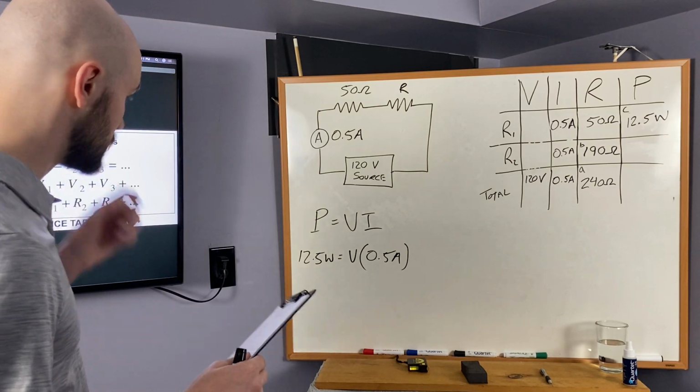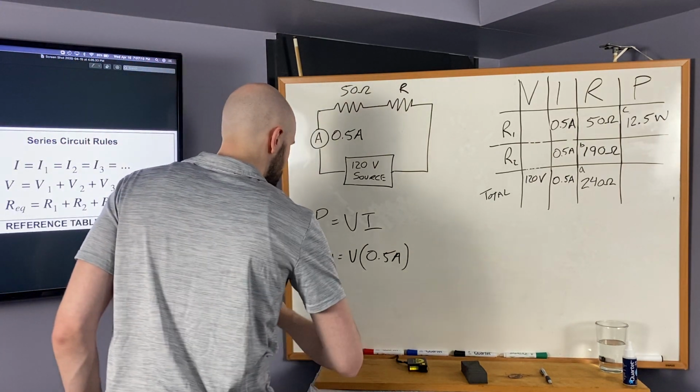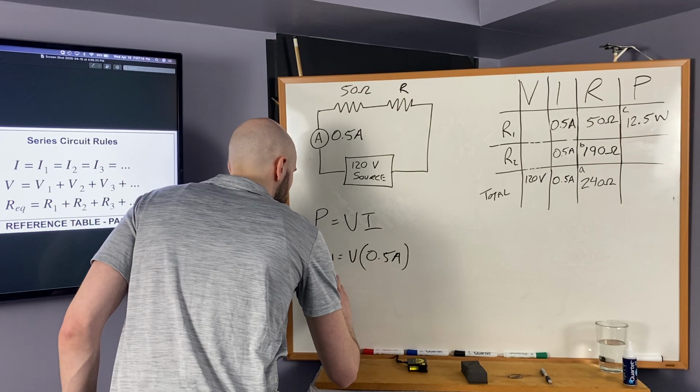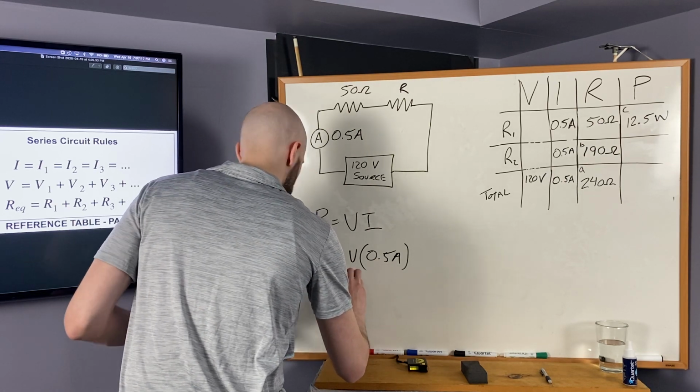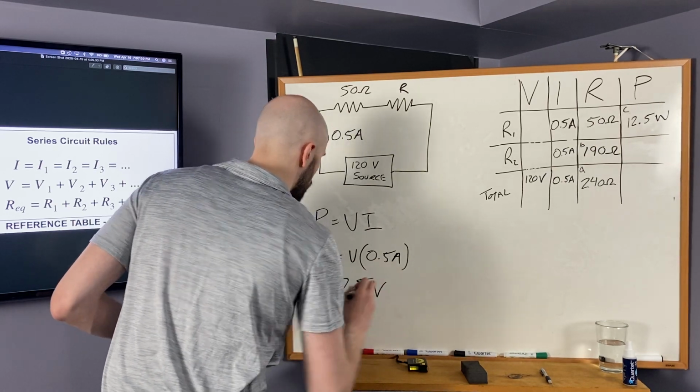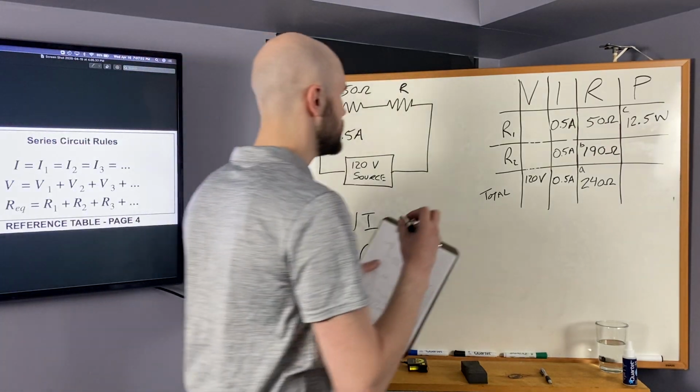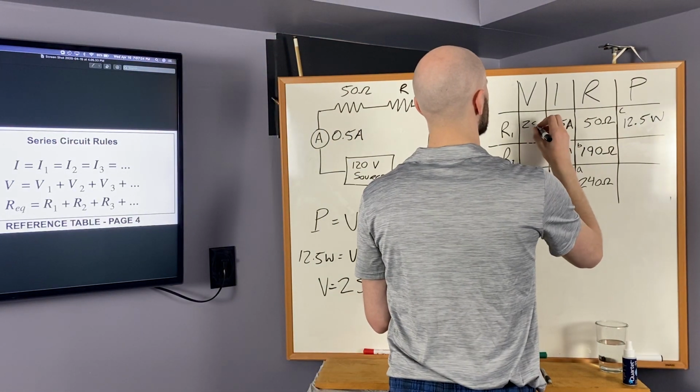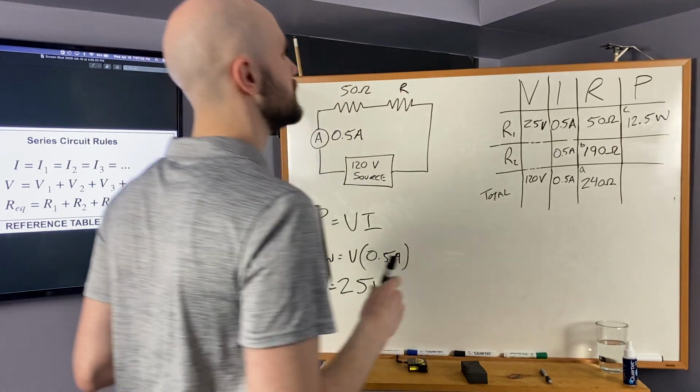Dividing 12.5 by a half is the same thing as multiplying it by 2. The voltage is 25 volts across resistor 1. Let's put it on our table.